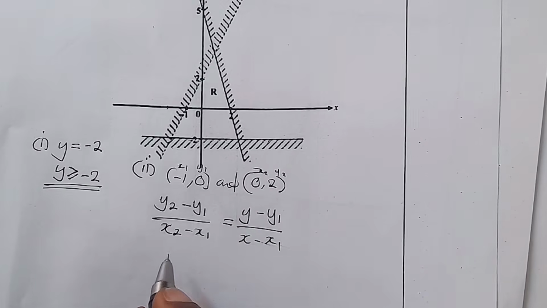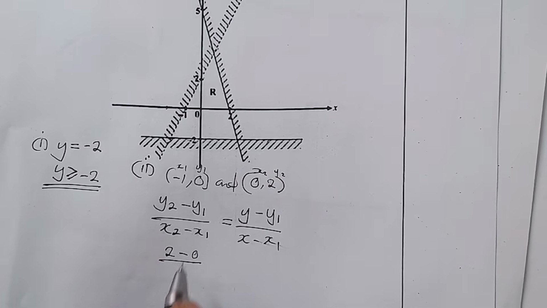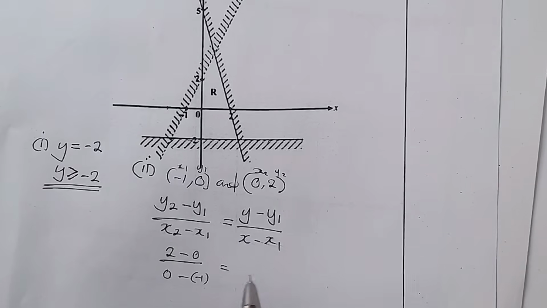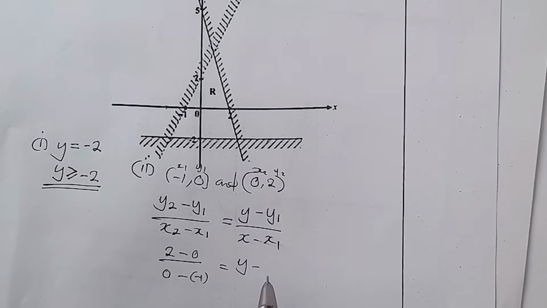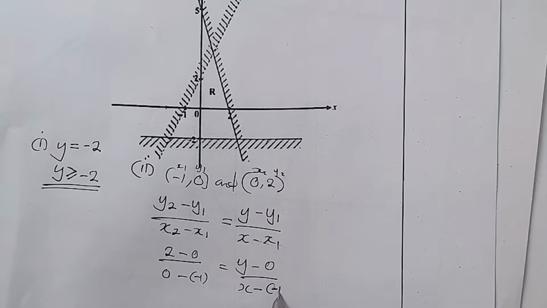What is y2? 2, right? y1 is 0, over x2, which is 0, right? x1 is negative 1. Am I right? Yes. It is equal to y minus y1, which is 0, over x minus x1, negative 1.